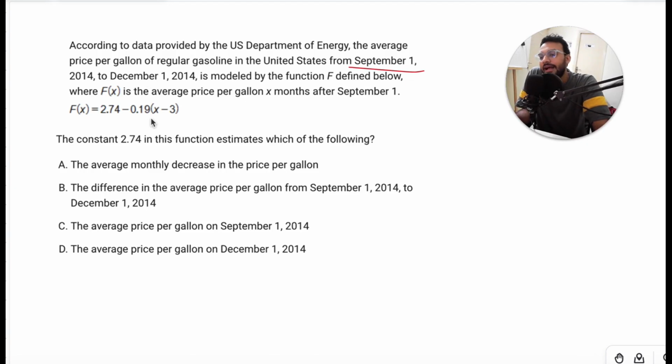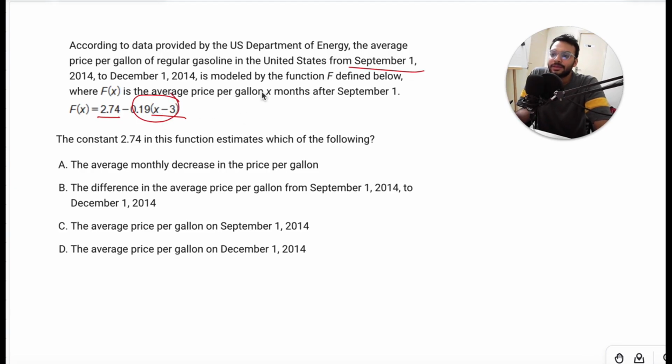So x months after September 1, let's say 1 month after September 1, that's 1 minus 3 here. You'll put 1 minus 3, which is a negative 2. Negative 2 times 0.19, that will become positive. It will be greater than 2.74 for 1 month. For 2 months, it will still be positive, greater. For 3 months, it will be 2.74 exactly, because this term goes to 0.